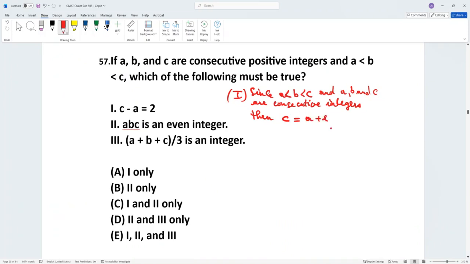So normally we can say b is equal to a plus 1 and c is equal to a plus 2. What am I writing? Let me remove this.